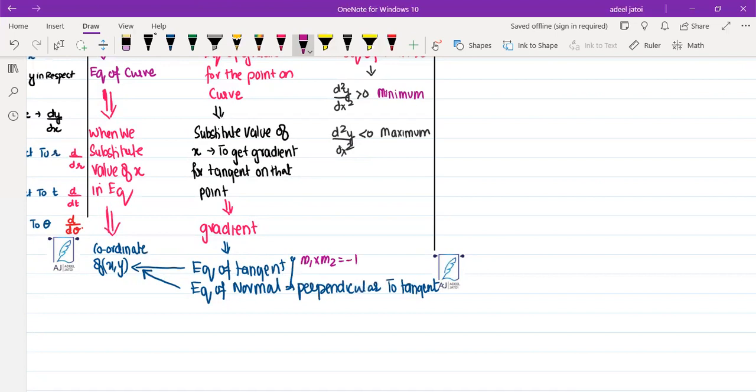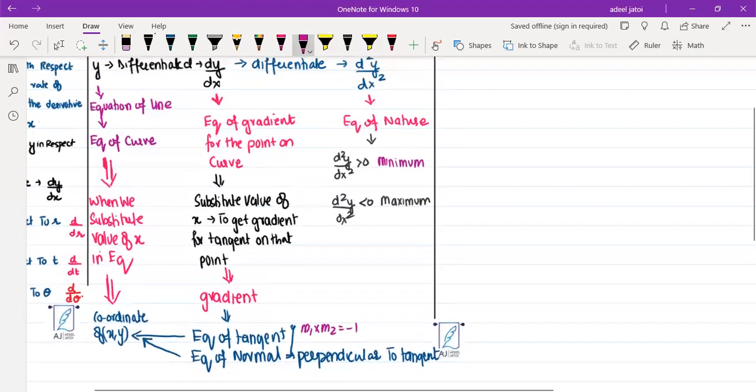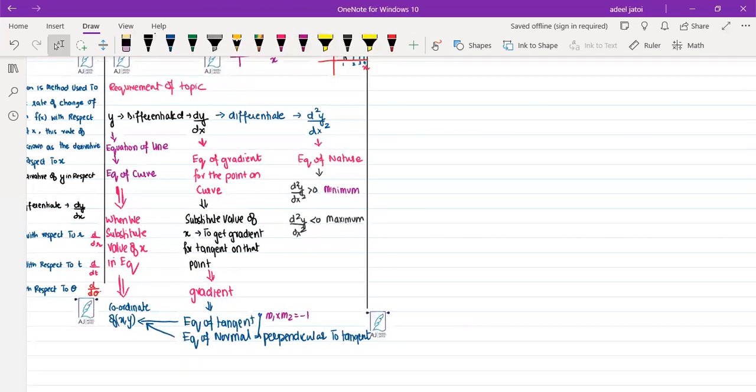At this point, you should know that the entire setup of differentiation is for finding the equation of tangent, finding the equation of normal, or finding the value of x. But initially, you need to understand why you differentiate.